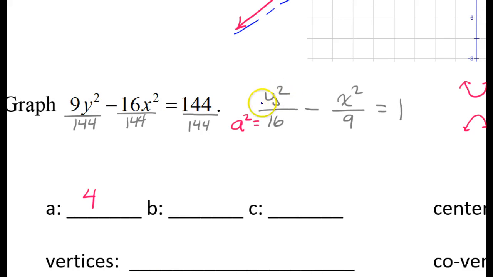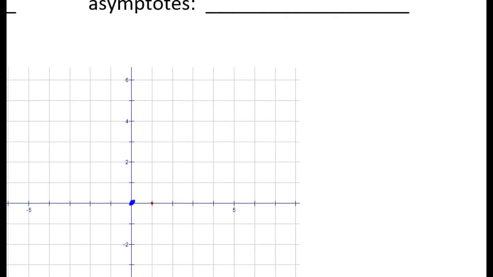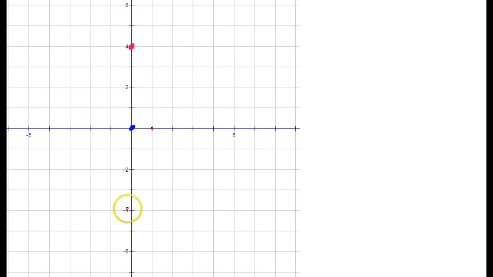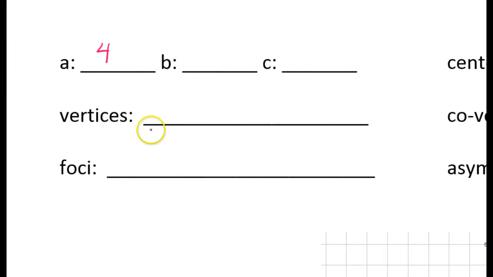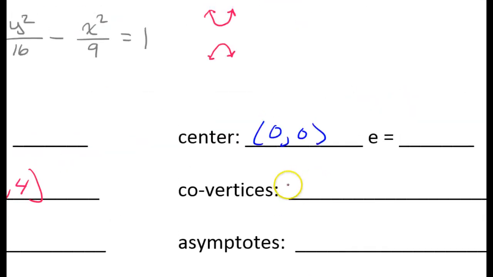It's with the y term, so I'm going to do plus or minus 4 in the y direction, starting at the center. So if I go up 4 and down 4, these will be my vertices: 0, comma negative 4, and 0, comma positive 4.